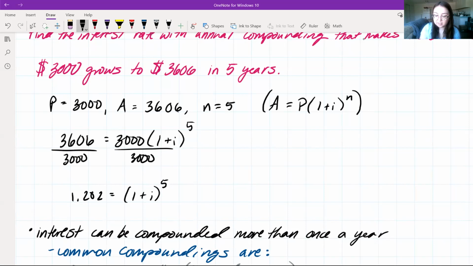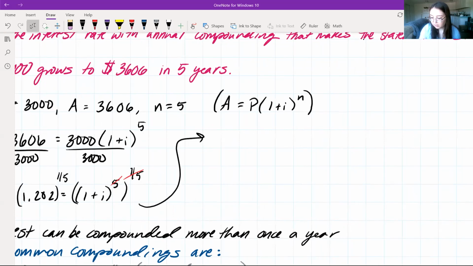We'll just raise each side to the power of 1/5. So then these values will cancel. So now we have 1.202 to the 1/5 power is equal to 1 plus I.